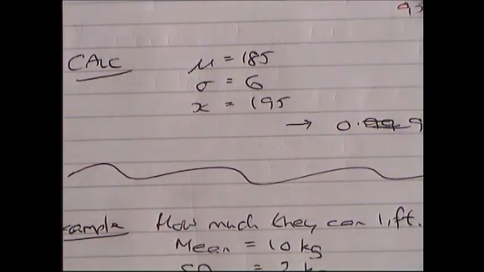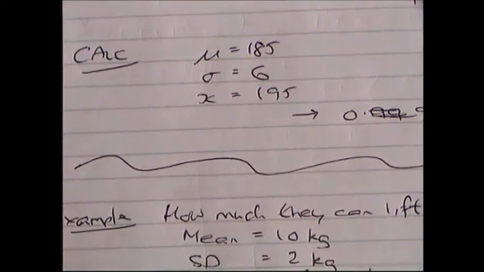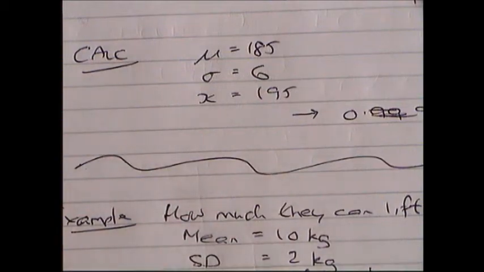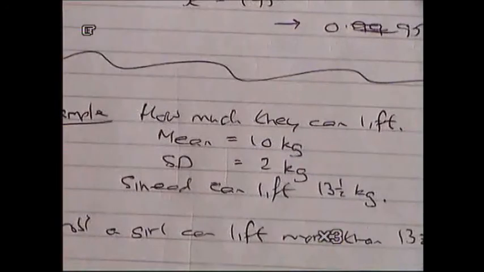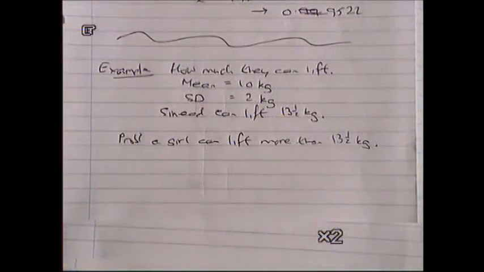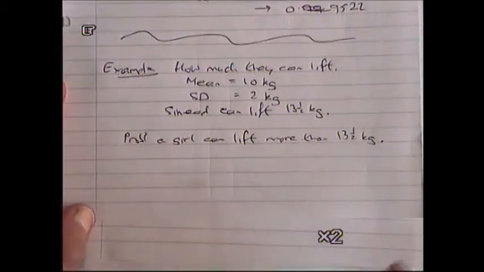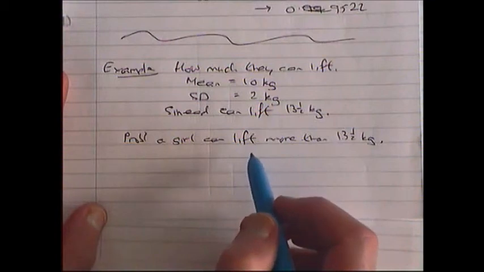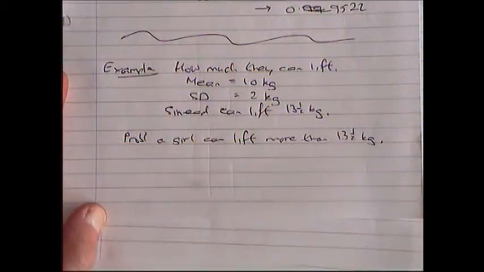Now, what we want to do is find the probability that a girl can actually lift that. So our question is going to be, find the probability a girl can lift more than or equal to 13.5 kilograms. Sorry you couldn't see that as I was writing. If I go off the board, please tell me, because I haven't got a monitor here to see what I'm doing. So, okay, yes. Find the probability the girl is basically as strong or stronger than Sinead.